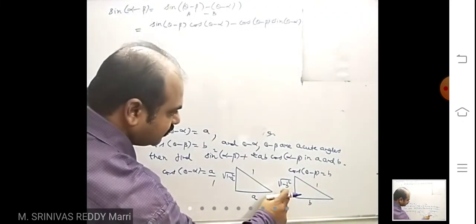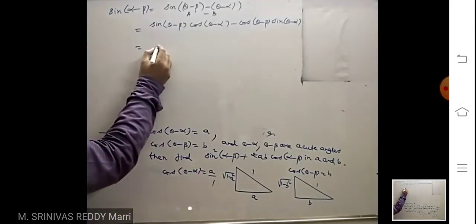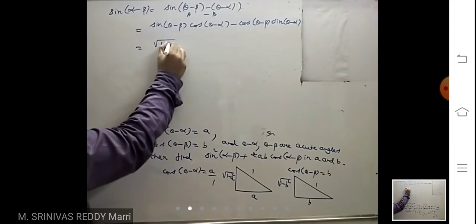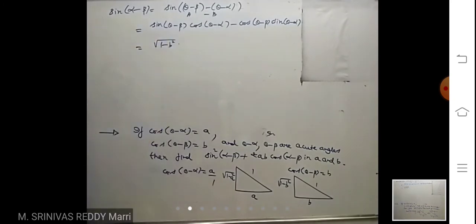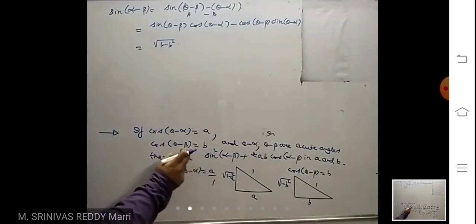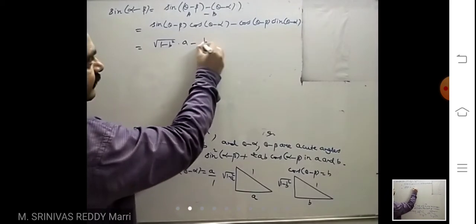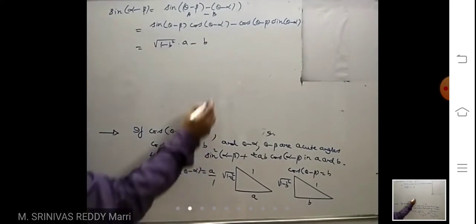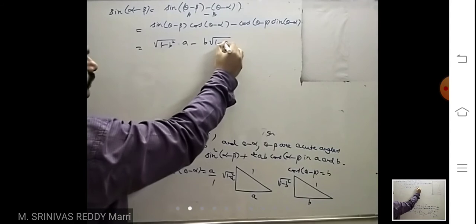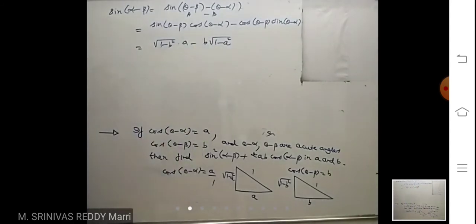Sine means root of 1 minus b square divided by 1. So this is root of 1 minus b square into cos of theta minus alpha, which is given as a, minus cos of theta minus beta, which is given as b, into sine of theta minus alpha, here root of 1 minus a square. So that value you got.